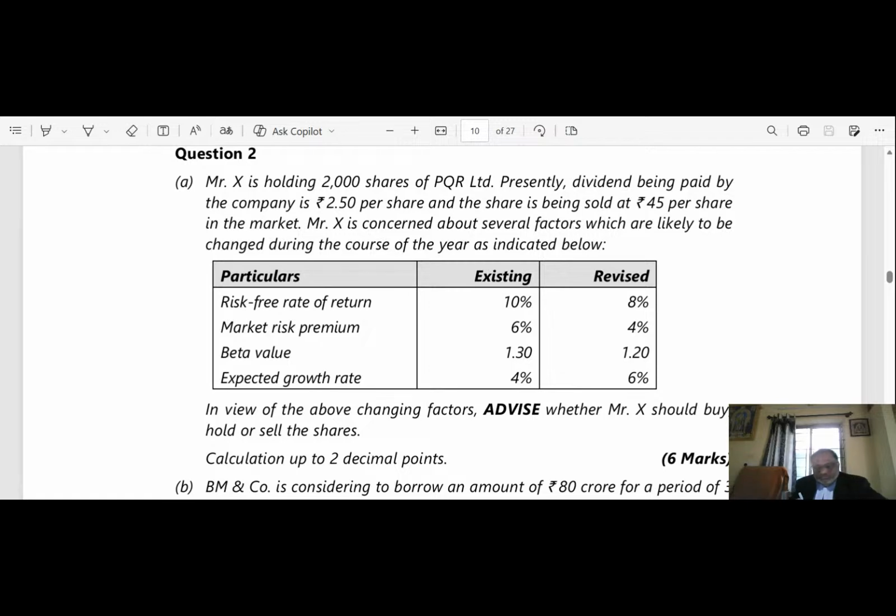First one: RF 10 percentage plus beta 1.30 into RM minus RF 6 percentage. Then 1.3 into 6, 7.8 plus 10, 17.8.